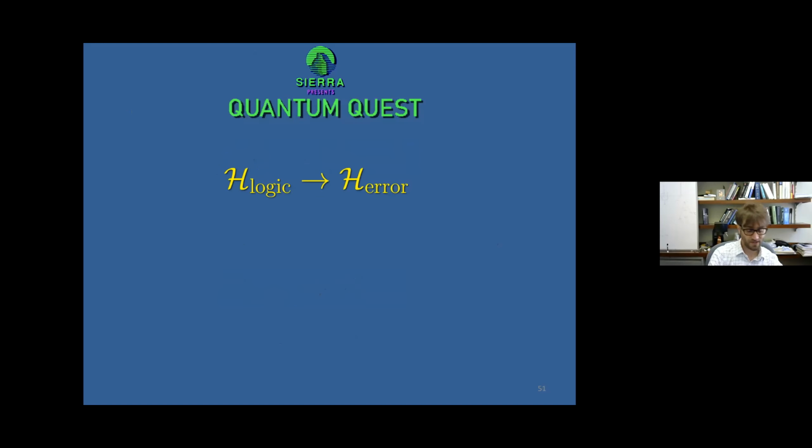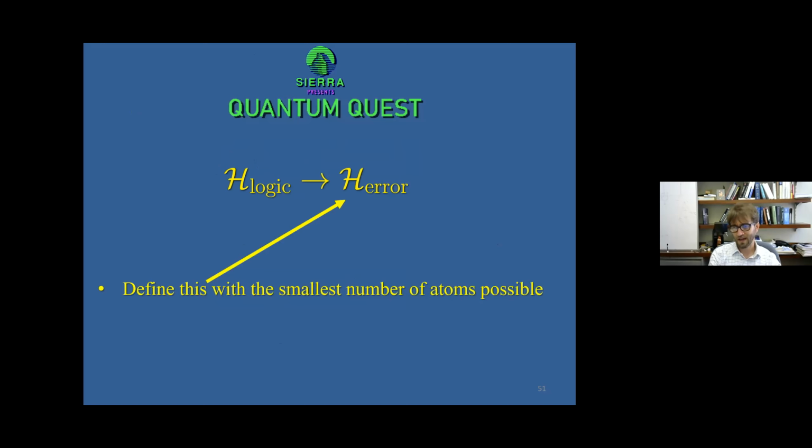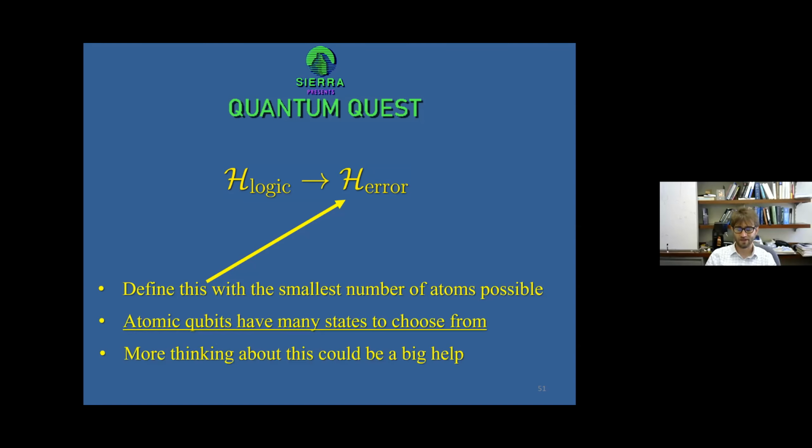So our quantum quest here, this is I think my last or second to last slide. What we want to do is make that error subspace with the fewest number of atoms. Okay, that's the goal. I've argued here that atomic qubits have tons of states inside them. And so I think more thinking about this could be a big help.